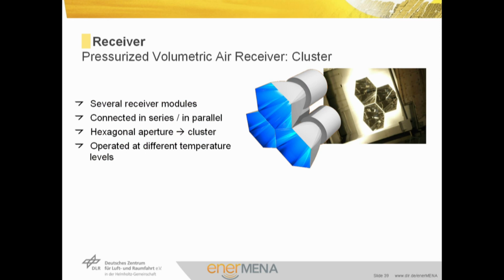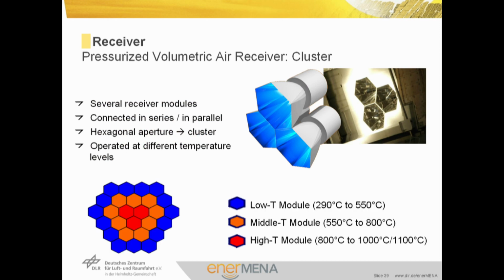The concept uses several smaller receiver modules which are connected either in series or in parallel. Low temperature modules can be of a simpler technology and can be built with cheaper materials than high temperature modules. So a cluster of these modules, here with 3 modules, here you see more of them, should be arranged in a way that in low solar flux zones, low temperature modules are used.